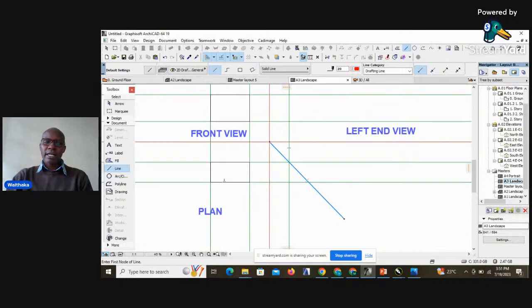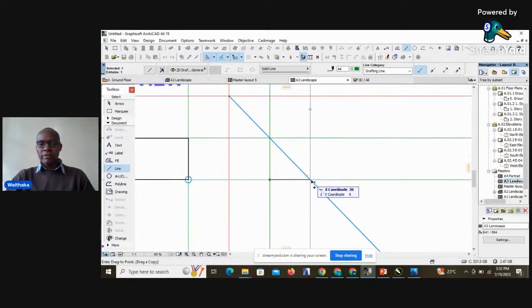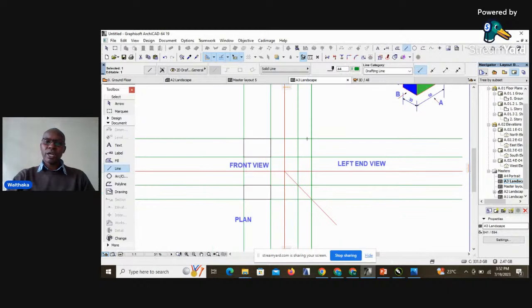Therefore, the other line that is defining the width of the plan will interact with the reflector at some point, and at that point, that's where we will draw another vertical line, so that it will help us to generate the end view at this particular point.